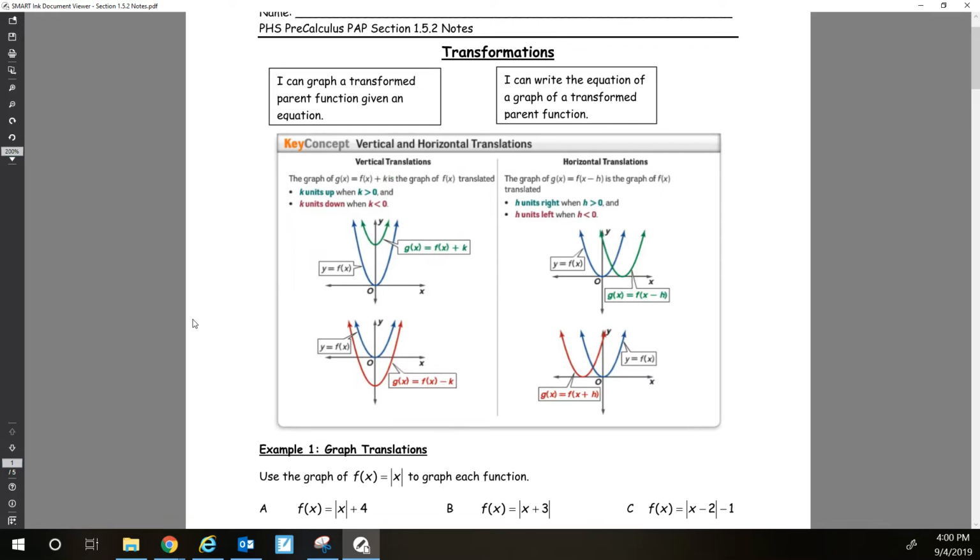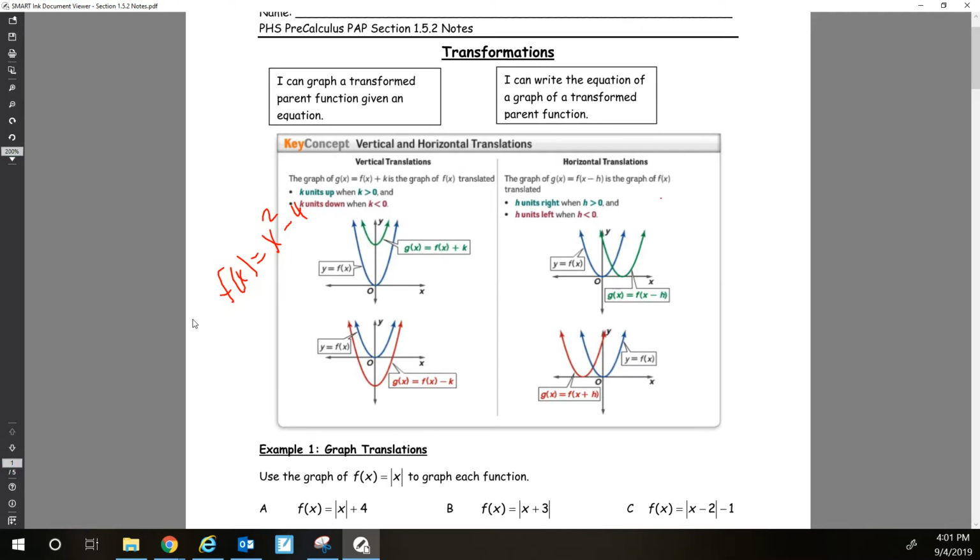Remember, if k is positive, we shift up. When your k is negative, we shift down. Let's just do f of x is equal to x squared plus 4. That's shifting up 4. Minus 4, that's shifting down 4.